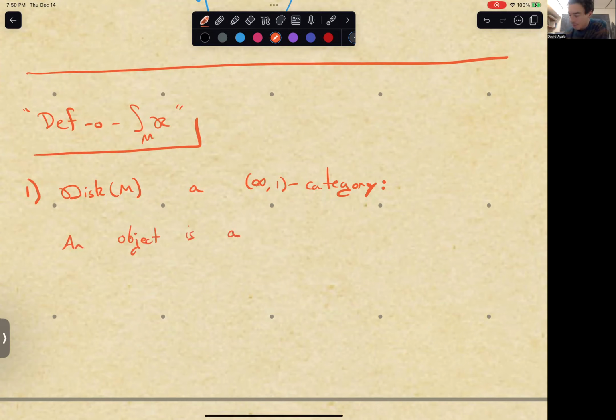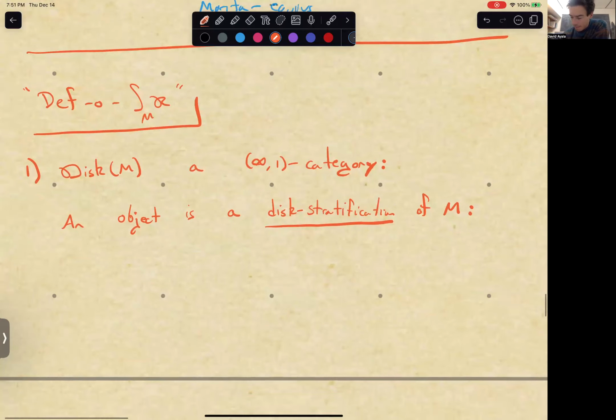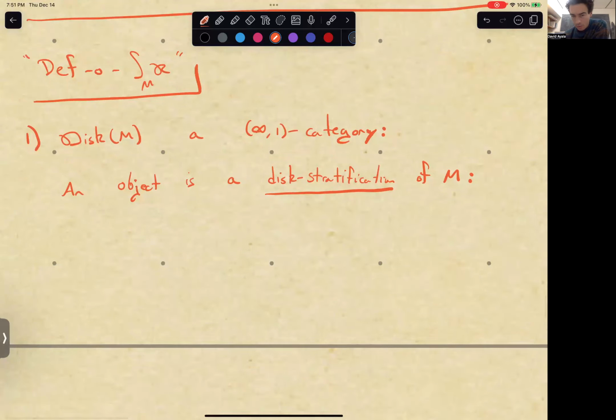a disk stratification of M. And what's meant by this is quite specific. I'll draw some pictures because I think that captures the spirit. So let's say I'll draw some pictures when n is equal to 2.